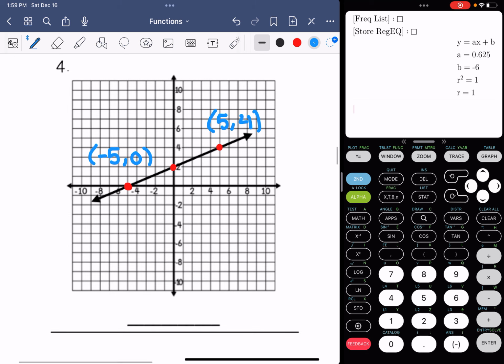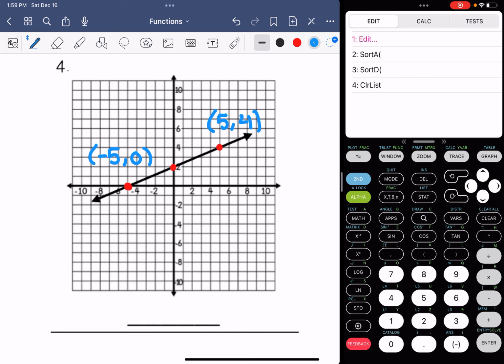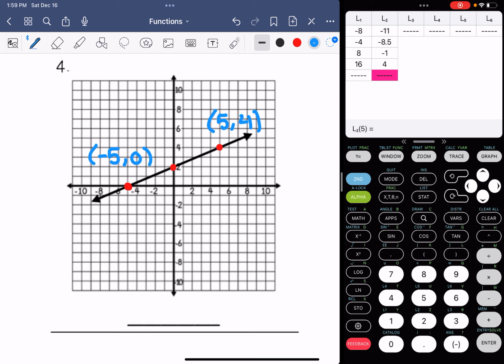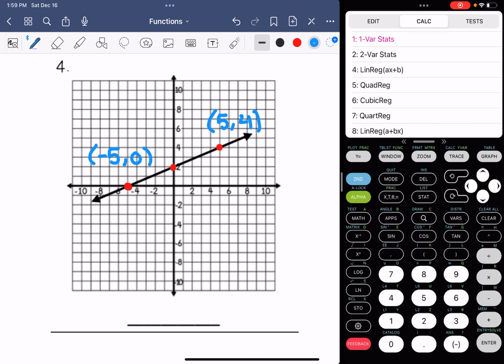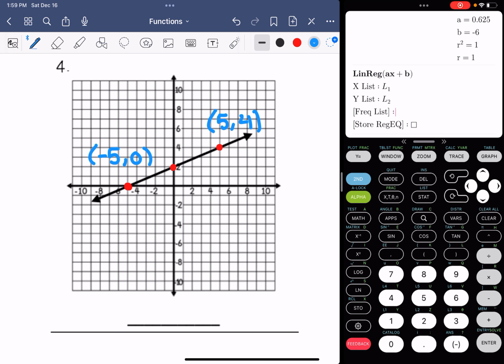And now that we have a few points, we can go in our calculator, stat 1, open a table, and type in these points. X's on one side on L1, Y's on the other side. Stat calc 4, linear regression.